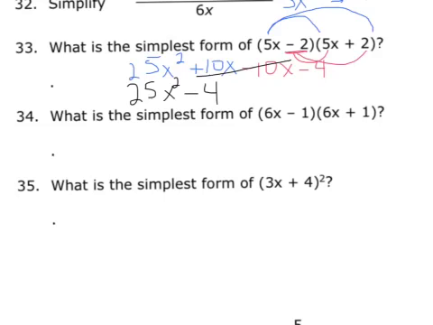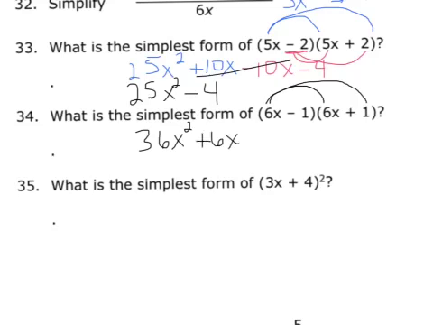Okay, 34. Same thing. We are going to distribute this 6x to each piece. So 6x times 6x. So 6 times 6 is 36. X times x. Following those rules, we're going to add those exponents. So 1 plus 1 is 2. So x to the 2nd power. 6x times 1 is plus 6x.